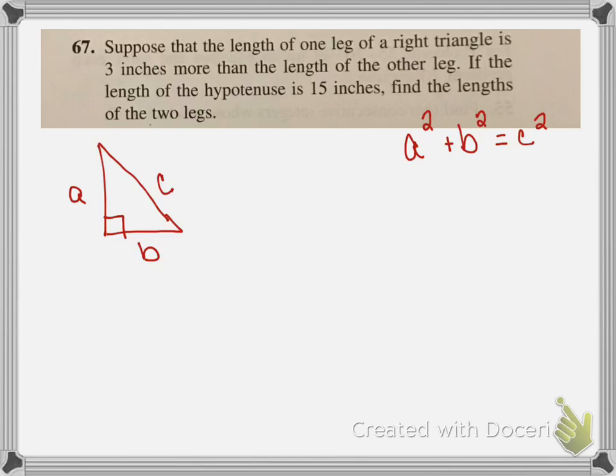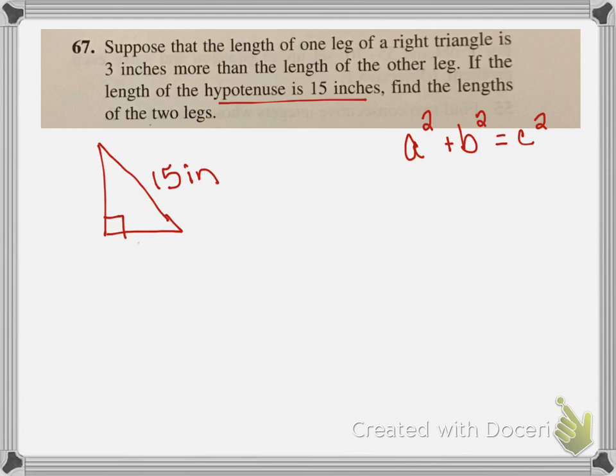Okay? Now, I am told that the hypotenuse is 15 inches. The hypotenuse is always the side across from the right angle. Always. Suppose the length of one leg of a right triangle is 3 inches more than the length of the other leg.